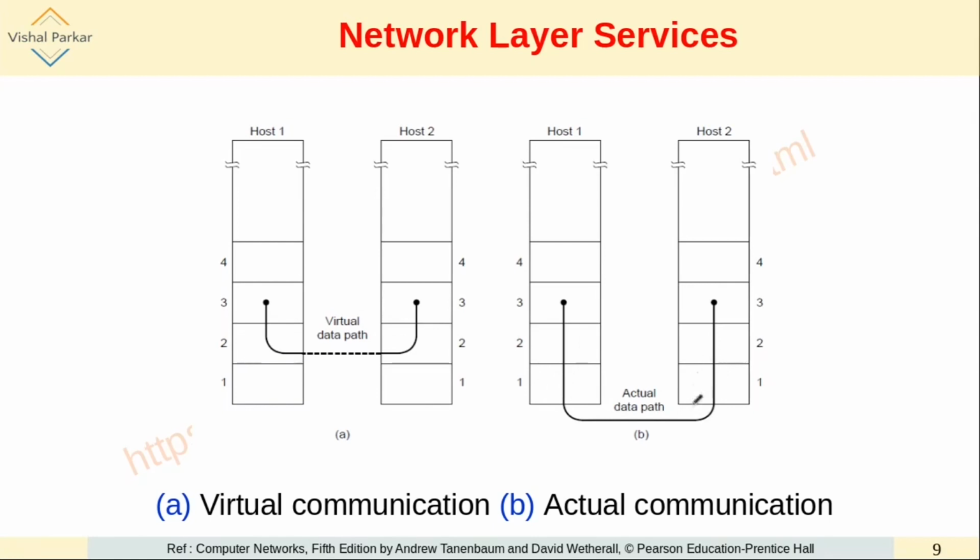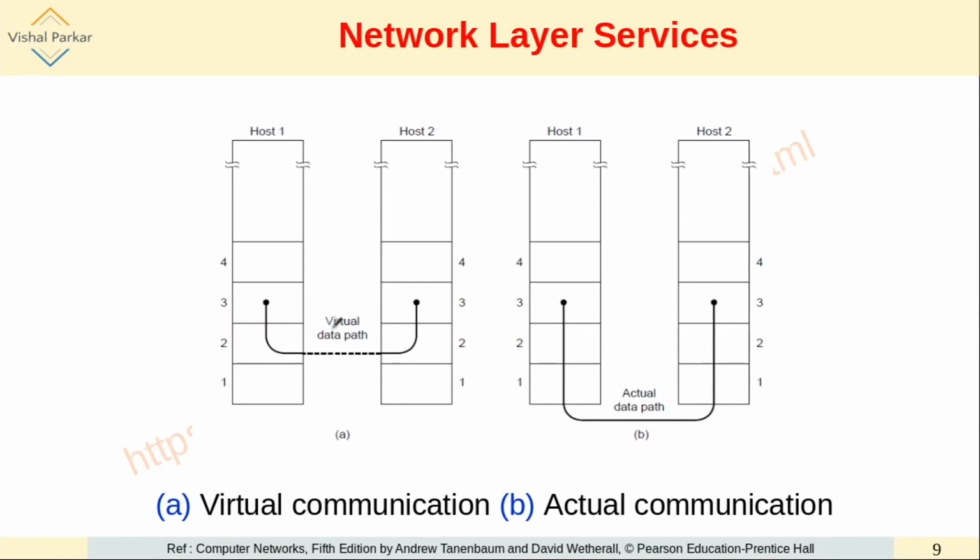Now when they are received at the physical layer at host 2, those will be given to the data link layer at the destination machine. The data link layer will make frames out of it, and the payload part of that particular frame will be given to the network layer at the destination machine as the sent packet.